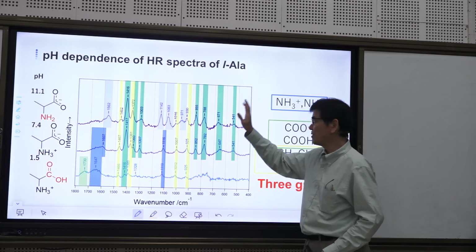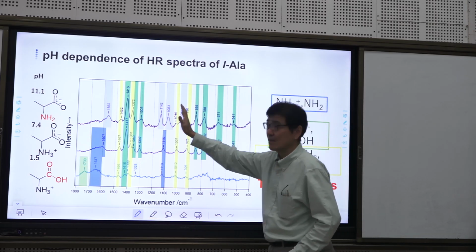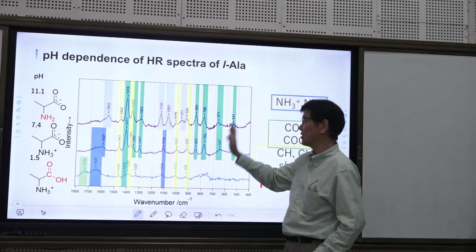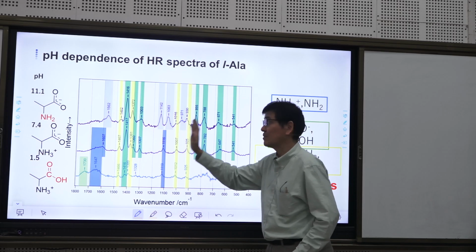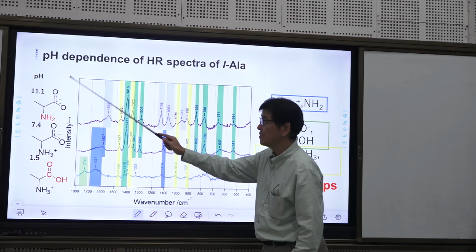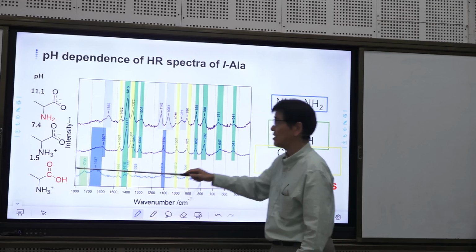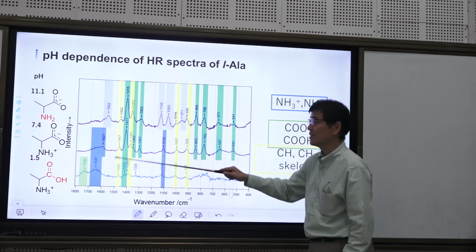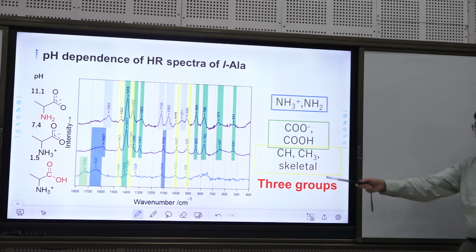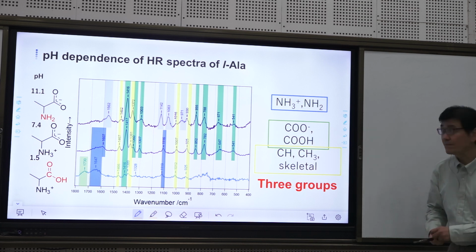We already know the vibrational peak assignment because it is similar to the Raman spectrum. And as expected, based on the structural change, some peaks disappear and appear. In this sense, this result is the expected result.